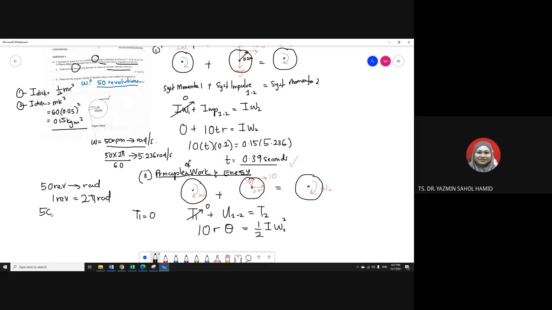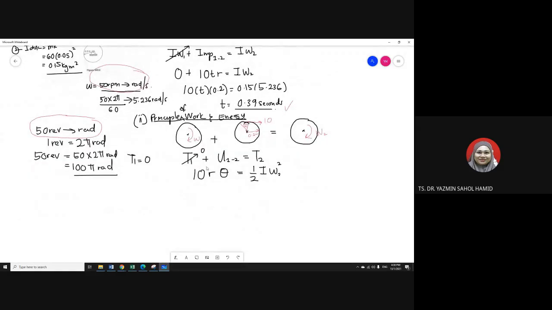So 50 revolutions will be 100 pi radian. The unit conversion, all this change of units, is very important, because if you do it wrong, you will lose marks.